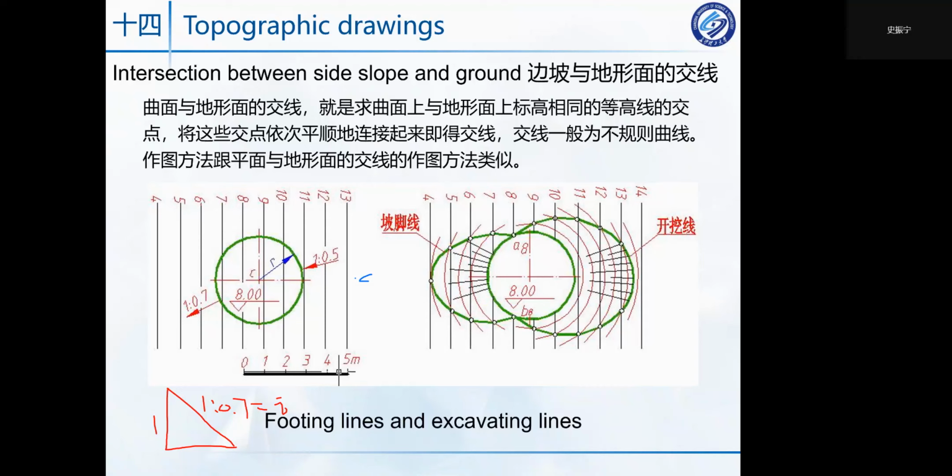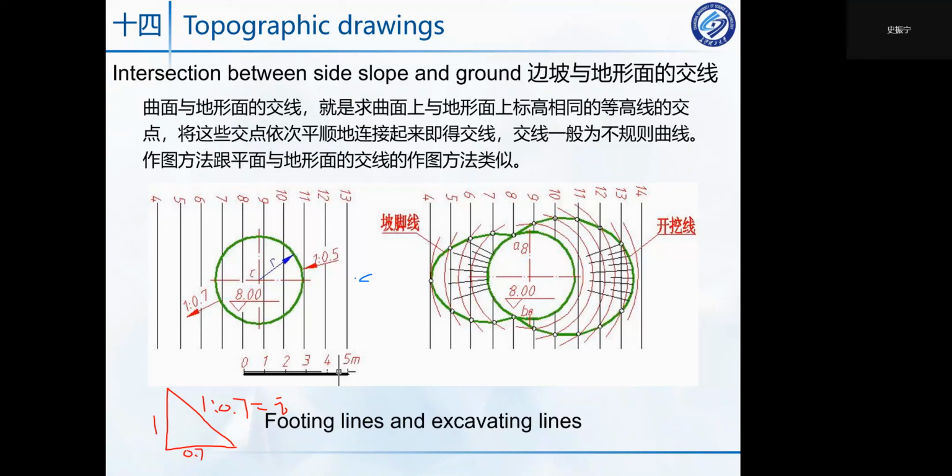Also 7, 6, 8, 7, 9, 8. So each contour line's horizontal distance interval is 1 multiplied by 0.7, which is 0.7.